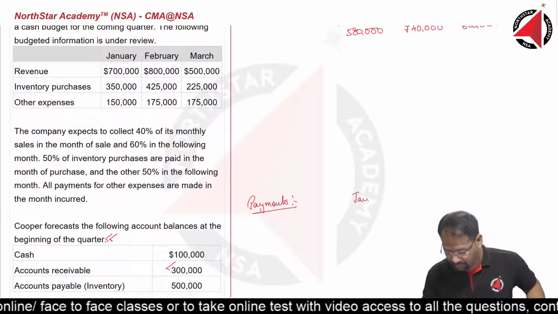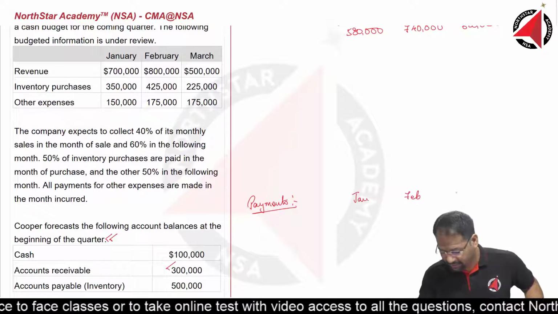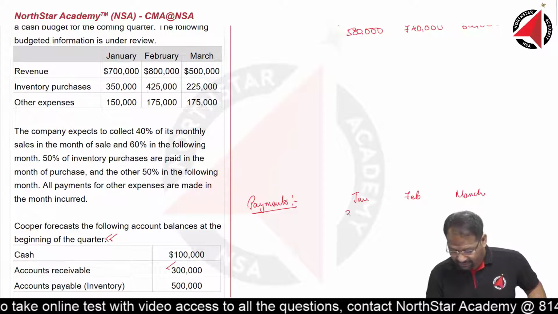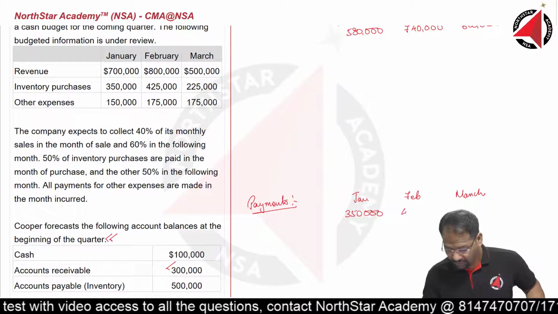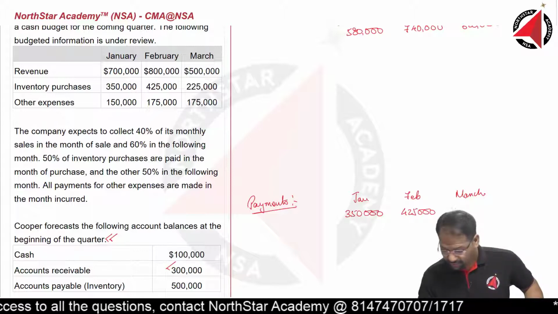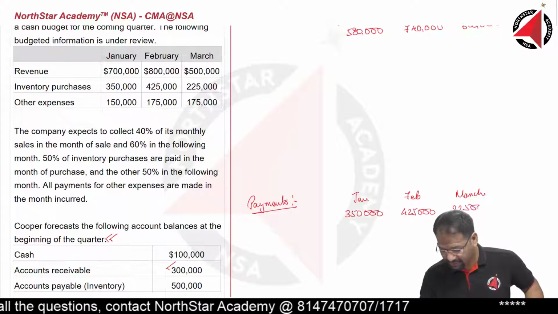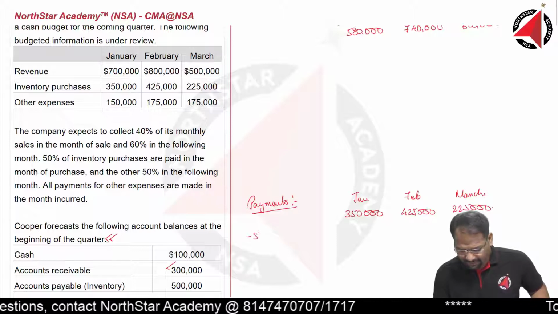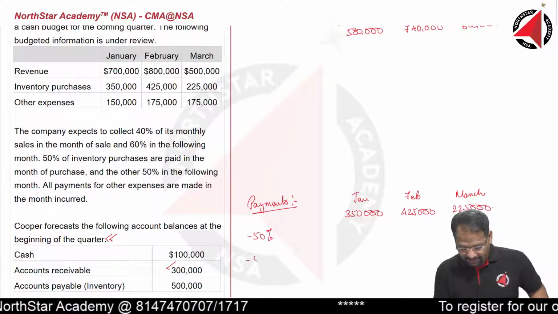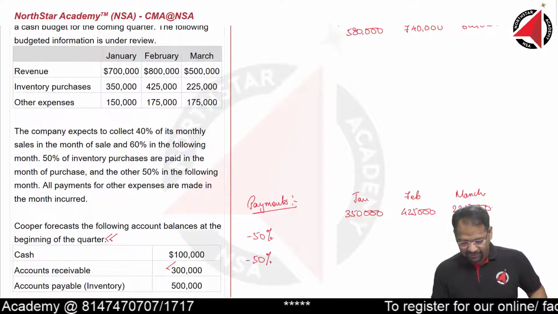So January, February and March. How much? 350,000, 425,000 and another 225,000. Here 50% will be paid in that month and the balance 50% shall be paid in the next month.